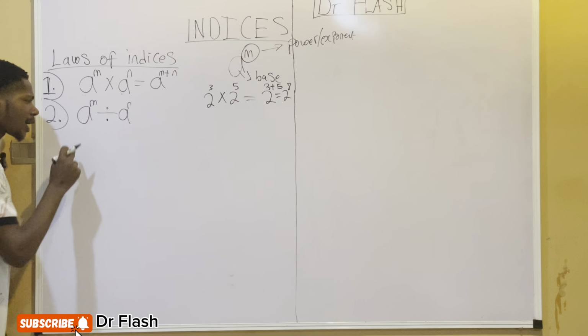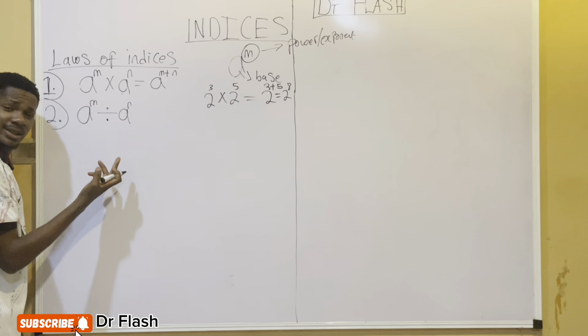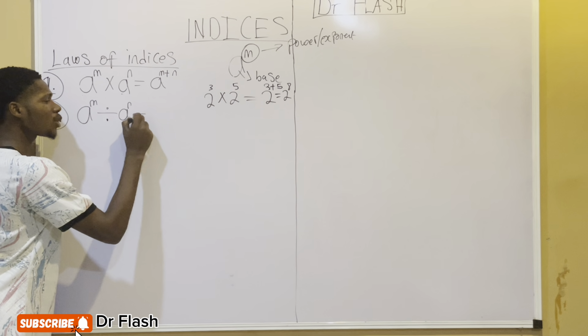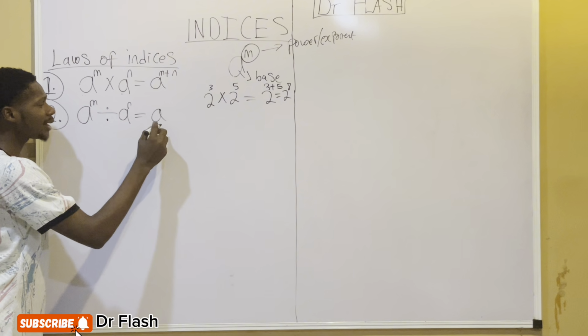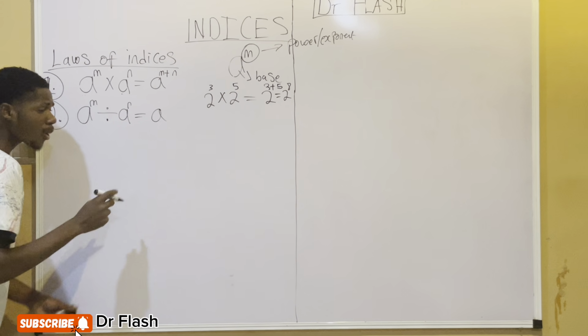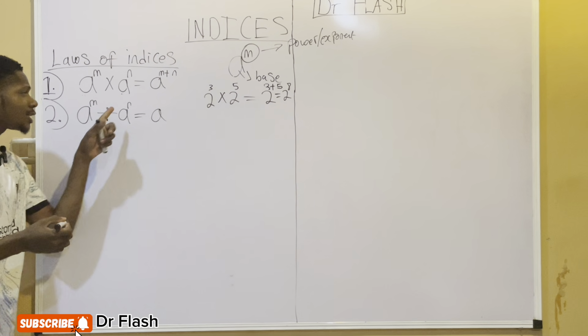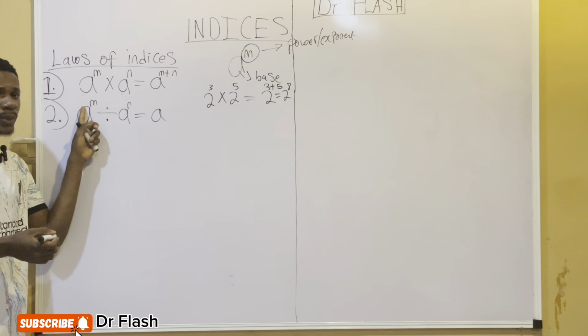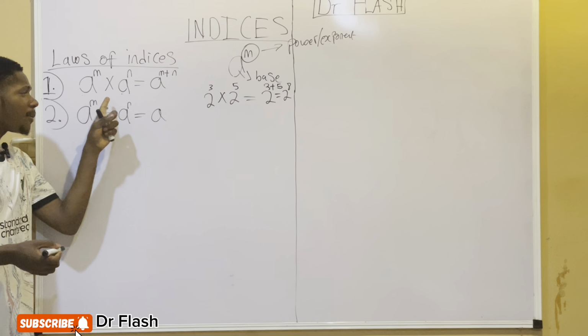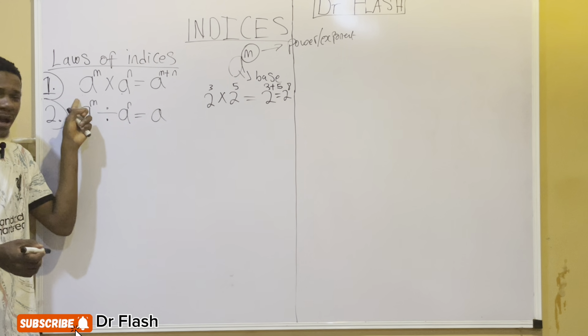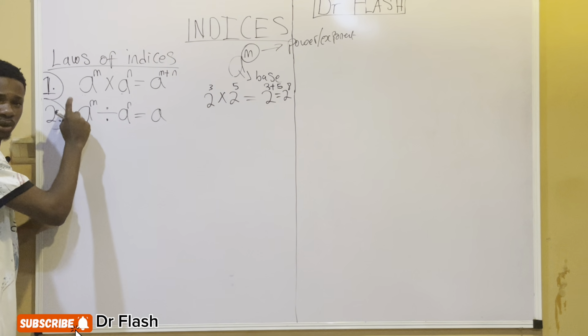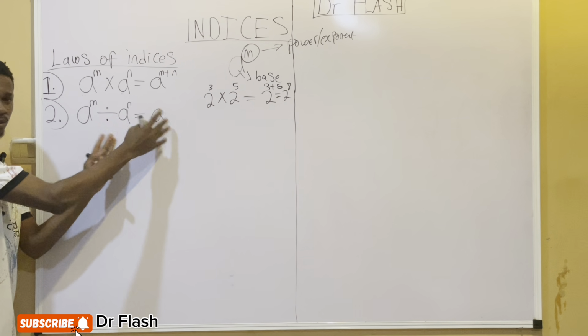We're also going to check, are the bases the same? Yes, they are the same. Since they are the same, we can pick one and then we're going to subtract the powers. Now take note, we are subtracting the second power from the first power. So it has to be m minus n, not n minus m. The one that comes first on the left hand side will also come first on the right hand side.